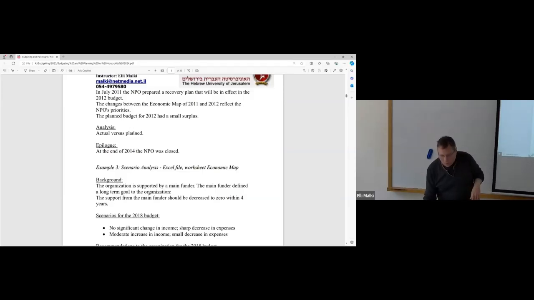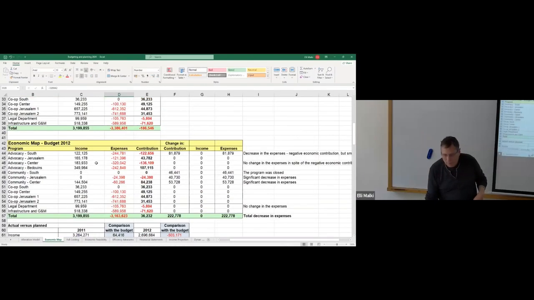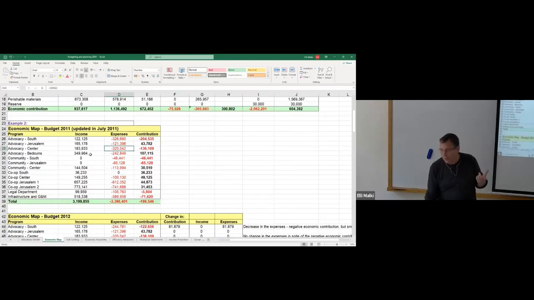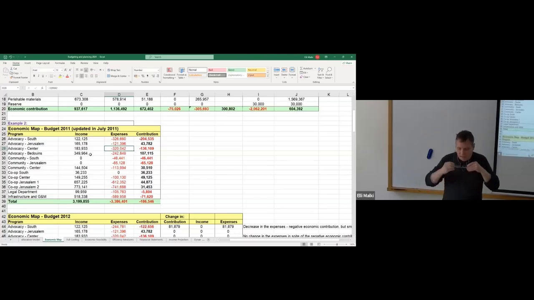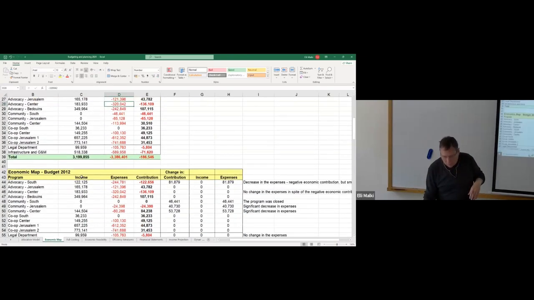Now, what also I want to show you, that if we go back to the Excel, is what actually happened. I mean, here we see budget for 2011. Remember that this is a budget which is updated in July, but still the second half of the year is projection. And we can see a budget for 2012.